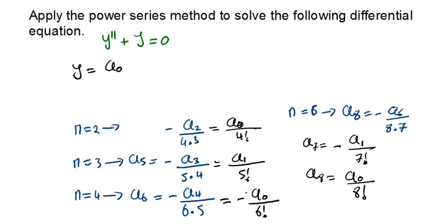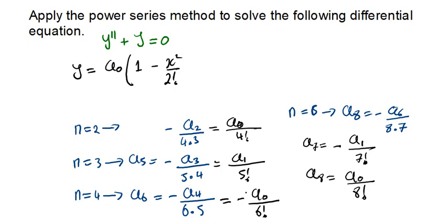Then I'm going to factor out the a initial, because I observe that I can factor it out. So this one is just going to be, I'll say open bracket, 1 minus x squared divided by 2 factorial.